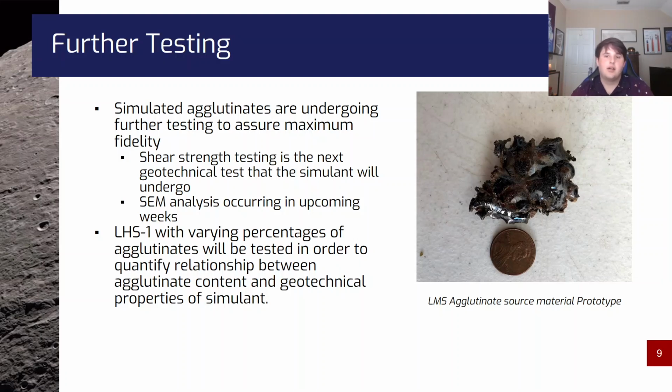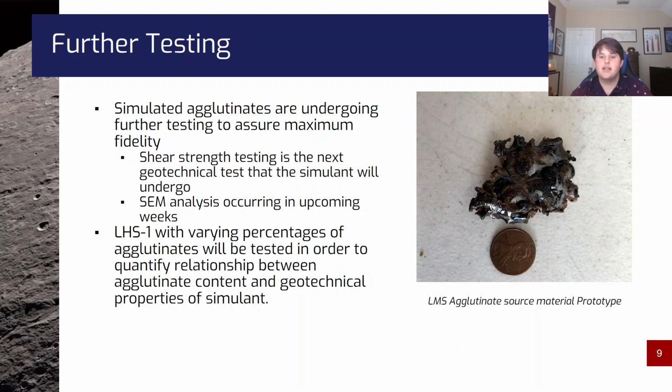So, for example, 10% agglutinates, 20%, 30, 40, 50. And with that, we would actually be able to quantify the relationship. The analysis that we've done here is mostly qualitative and is good preliminarily, but further research will need to be done to confirm any results or how exactly the simulated agglutinates affect the soil or regolith ultimately.